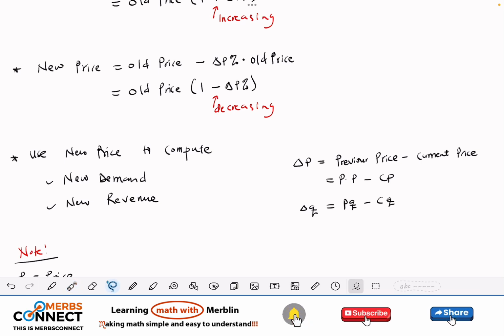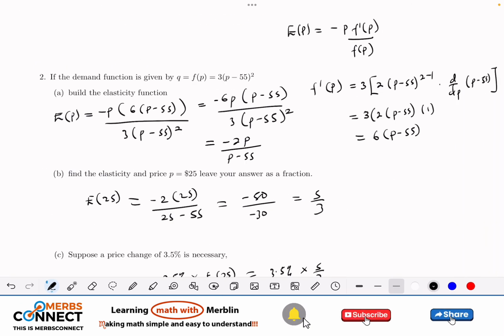Yes. So I think this one should come here, and this one should be here. Current price is like now, right? And then previous. So this one should be CP, and this one will be CQ and PQ. Good. So that's what you're going to do.